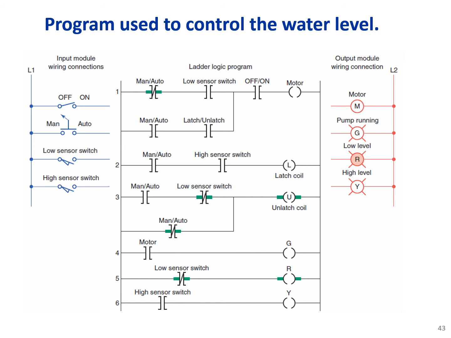Okay, so for the manual mode, when the low sensor switch is on, meaning the level of water is above the low, we have the capability of turning the motor on and off with the on-off switch.